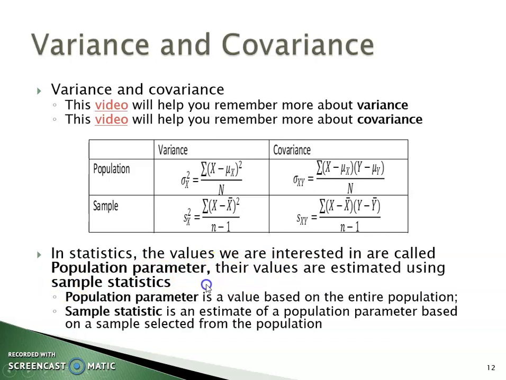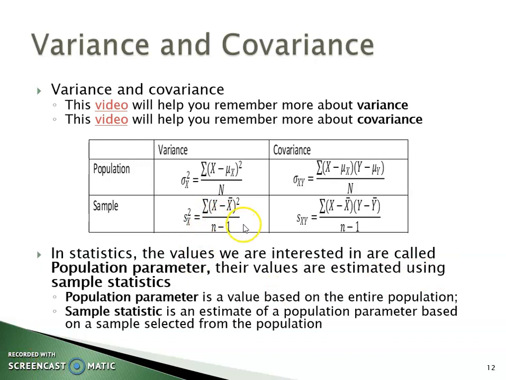Most likely, more than 99% of the time, we do not have access to the population. So we have to use a sample to estimate the population parameter of a statistic. We call that a sample statistic. So we use a sample to calculate the variance and the covariance.